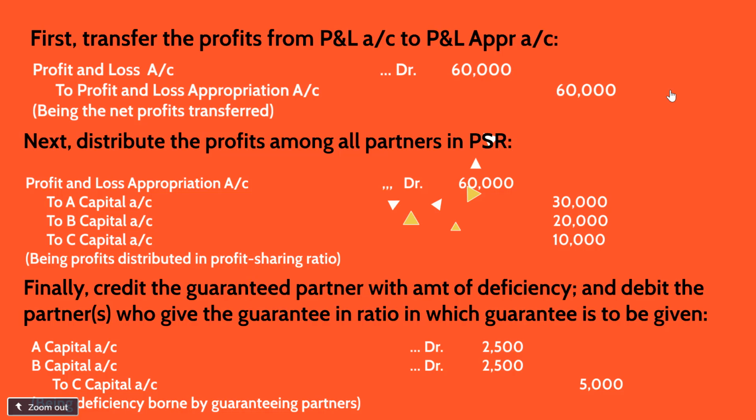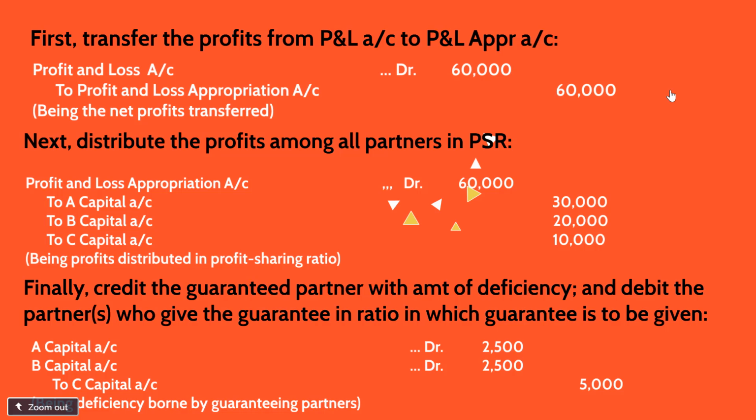And the final journal entry will be the journal entry for the deficiency to be borne by the guaranteeing partners. For this, we need to credit the guaranteed partner with the amount of deficiency. So we need to credit C's capital account with his deficiency, which is rupees 5,000, and debit the partners who give the guarantee in the ratio in which the guarantee is to be given.